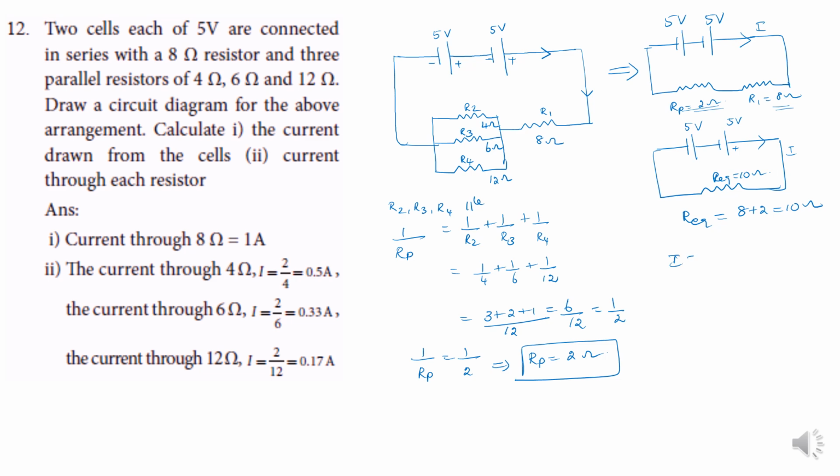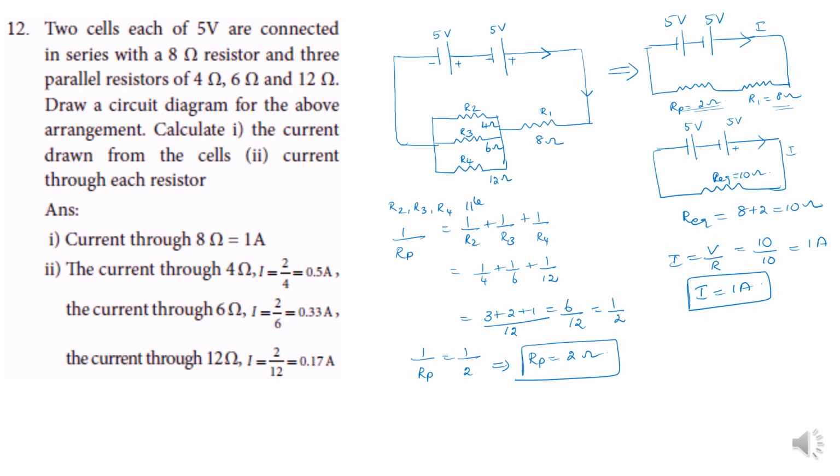I is equal to V by R. What is the total voltage EMF supplied? 5 plus 5 is 10, divided by total 10 ohm. So 1 amp. So the current drawn from these cells, I, is equal to 1 amp. Next you are asked to find the current through each resistor. Okay.